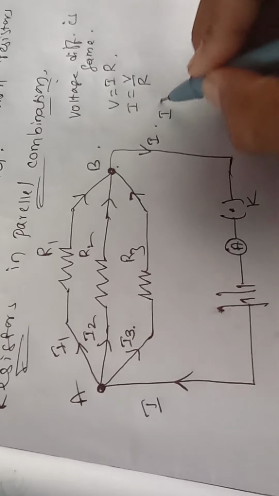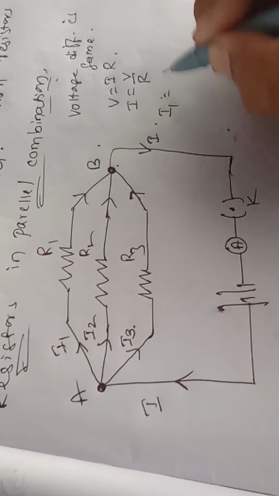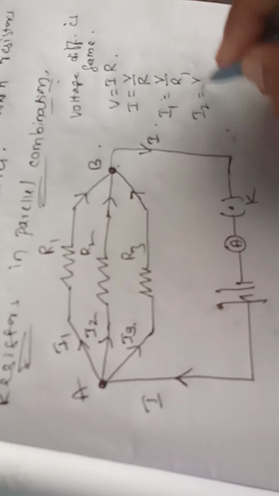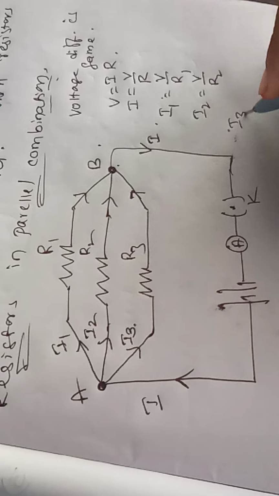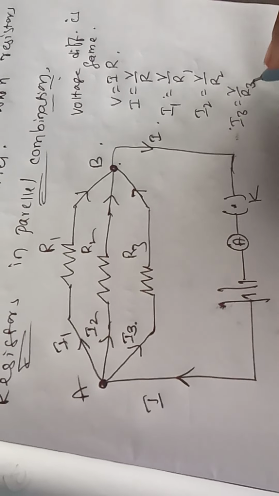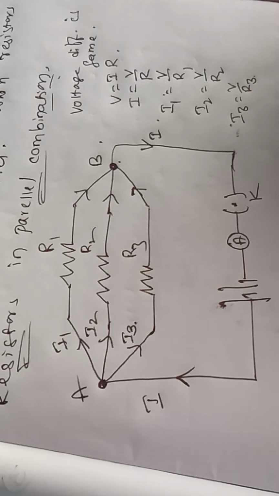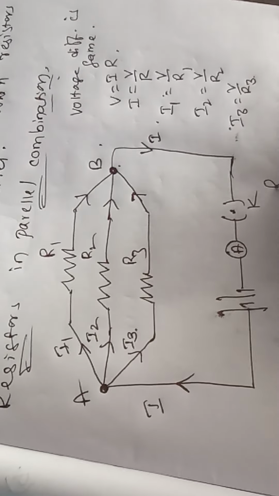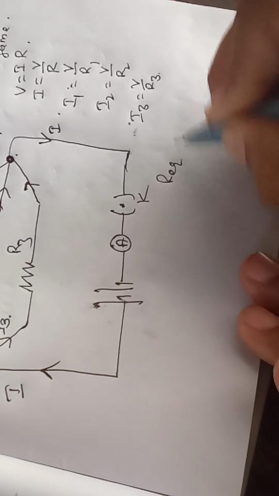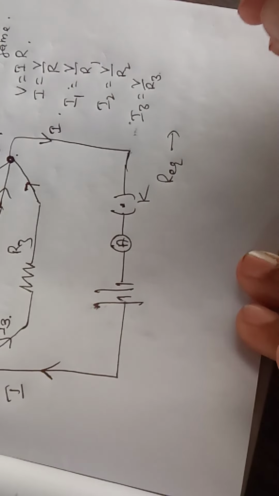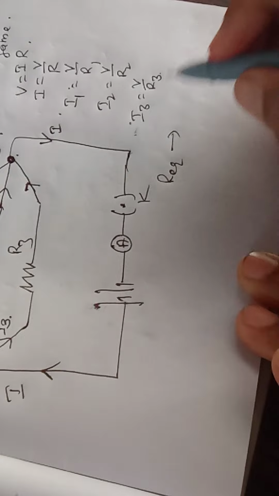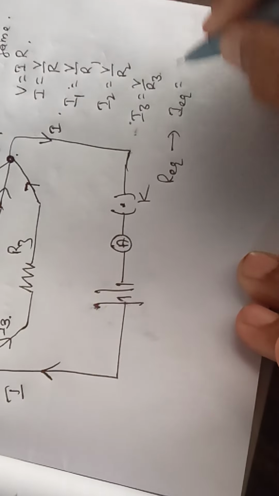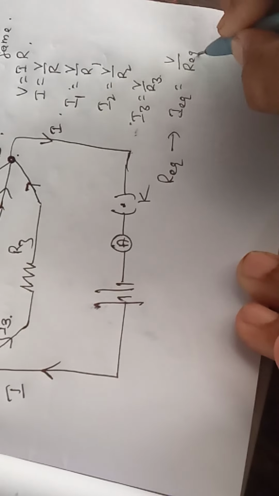So I1 equals V by R1 since potential is the same, I2 equals V by R2, I3 equals V by R3, right? Now if R equivalent is the equivalent resistance in the parallel combination, we can write I equals V by R equivalent.